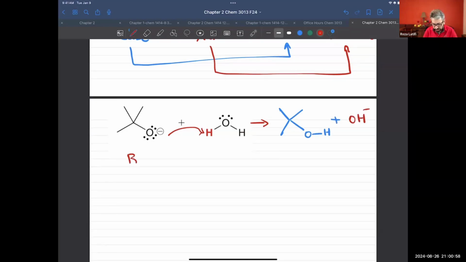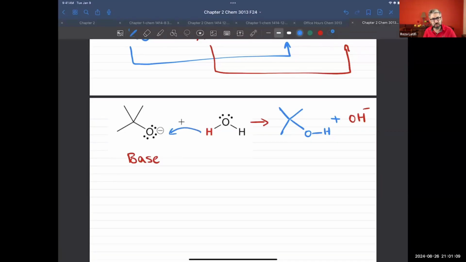So this is going to be the base. How do I know it's the base? Forgive me, I should actually draw the arrow on the other side. It's accepting H plus from water. So water is losing H plus, and that's going to be the acid, and tertiary butoxide will be the base.